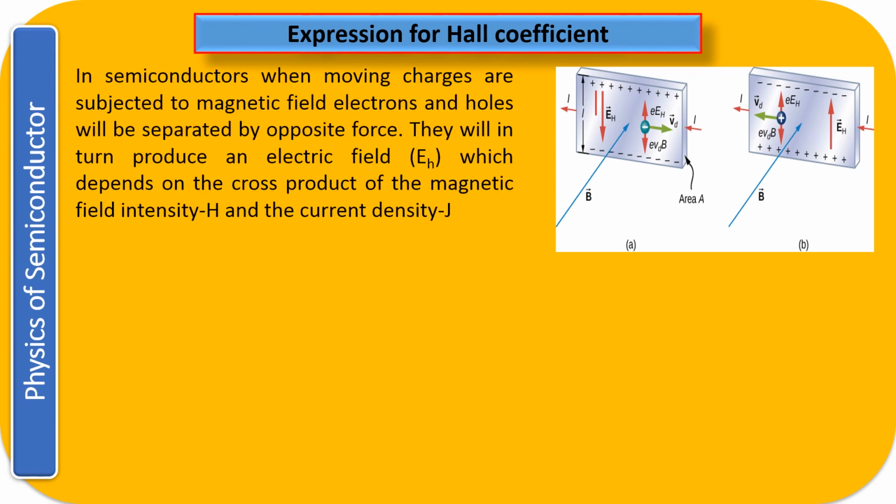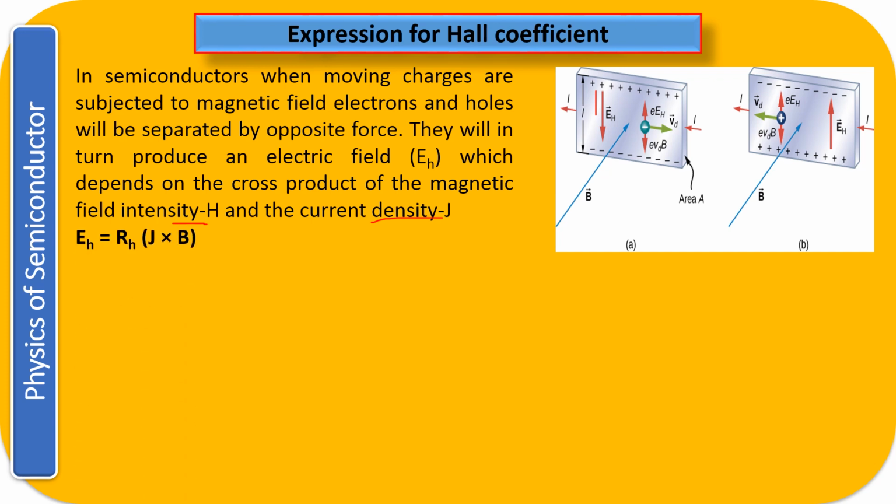So in a semiconductor, when moving charges are subjected to the magnetic field, electrons and holes are separated by opposite forces. They will in turn produce an electric field EH, which depends on the cross product of the magnetic field intensity and the current density. This is what Hall said.